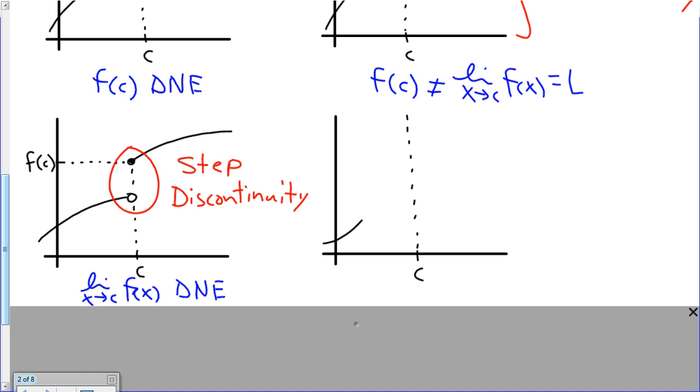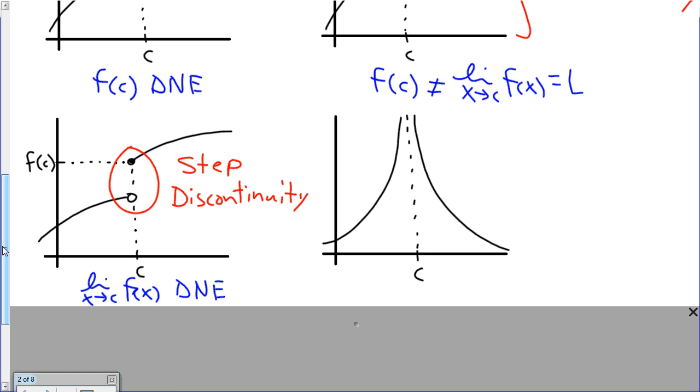is a function maybe that looks like this. And so this is what we call a vertical asymptote on our function. I can see that the limit as I approach c from the left side and the right side just keeps, the function keeps getting bigger and bigger. There is no limit. There is no one y value that the function's approaching, so there's no limit.